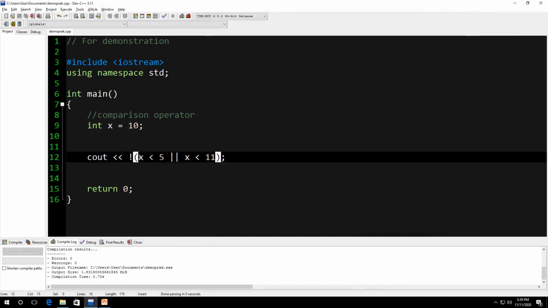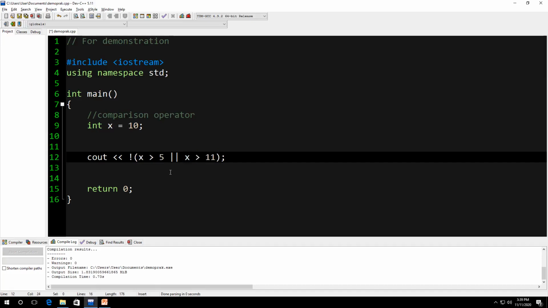How about if we do a false? Here is x greater than 5, and this one, x greater than 11. And you have the NOT logical operator here. If you run this one, x greater than 5 is false. Is x greater than 11? This is false also.